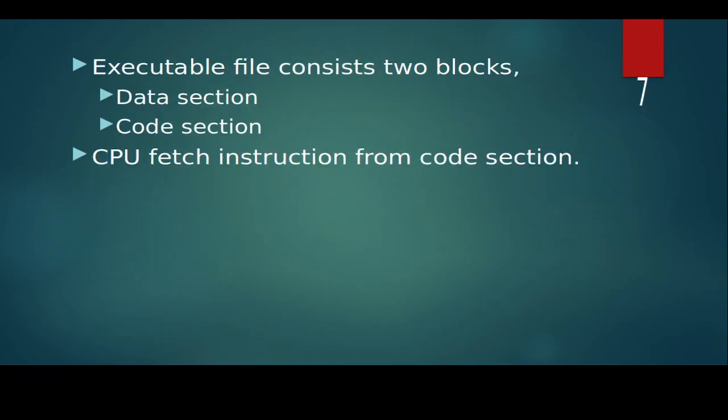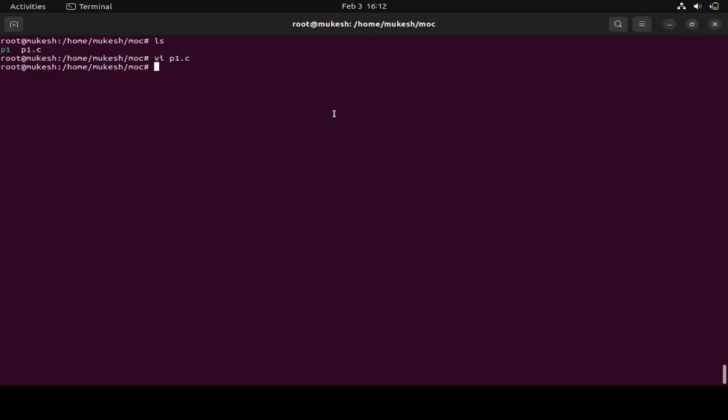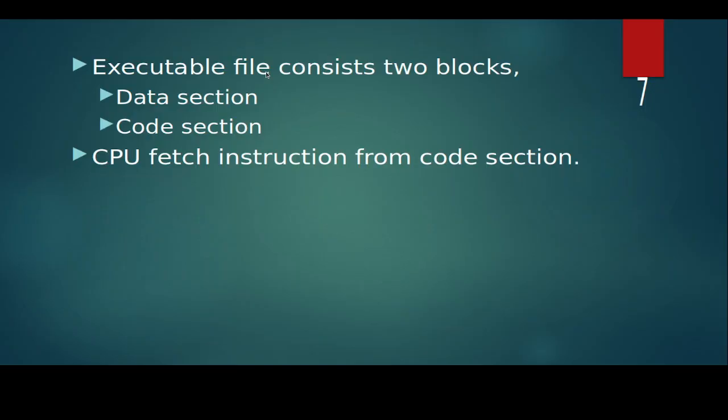We have generated the executable file p1 here. When this p1 file is on the hard disk, not loaded in RAM, it has two sections: data section and code section.